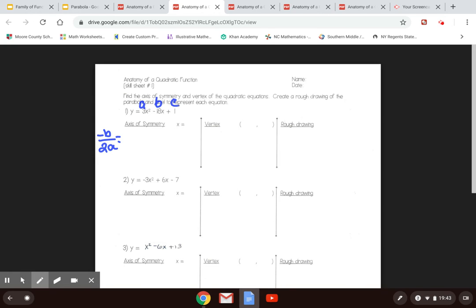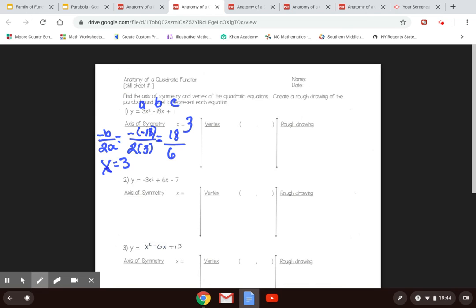So if I have negative b divided by 2a, that means I'm going to have a negative 18 in this problem, because it's a minus 18, divided by 2, and then a is 3. Okay? So when I do that, two negatives make a positive, so that gives me 18 divided by 2 times 3, which is 6. So 18 divided by 6 means x equals 3.